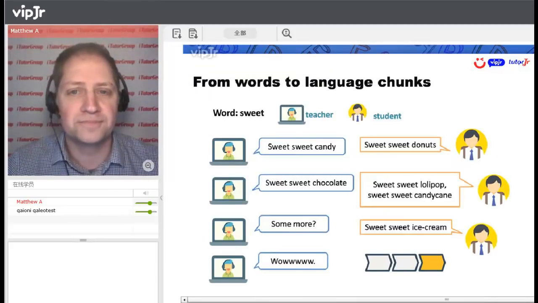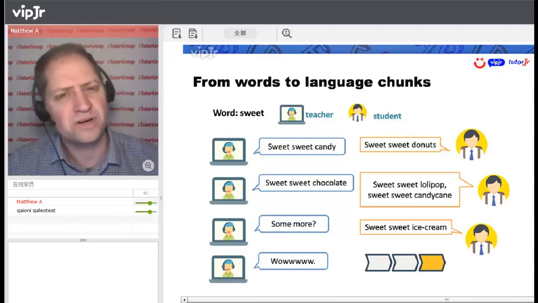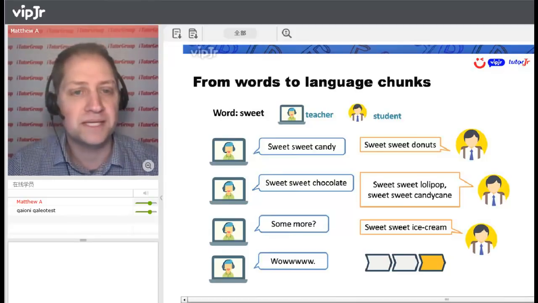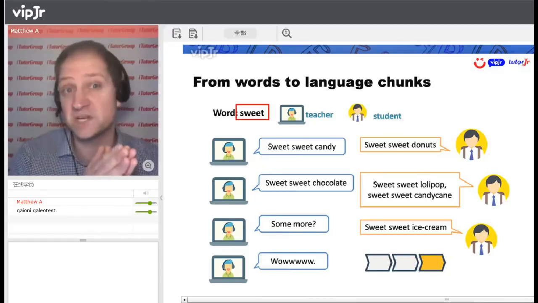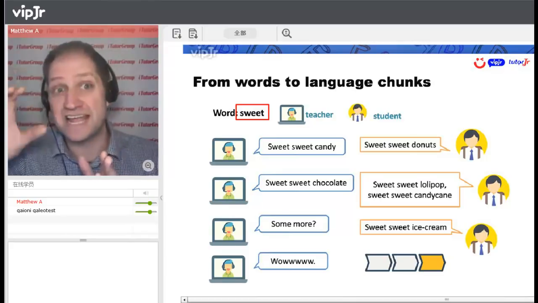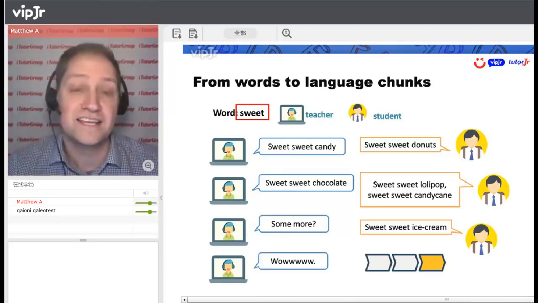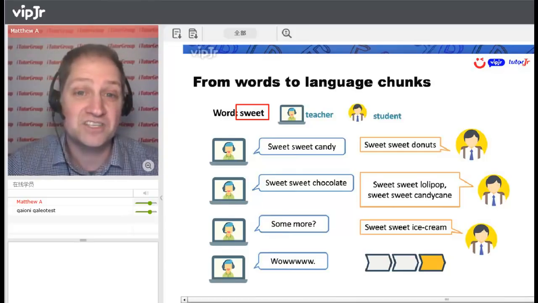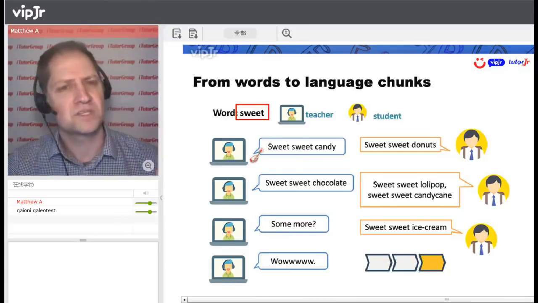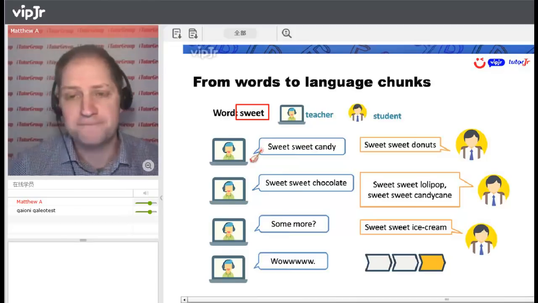So let's have a look at an example. Practically, how could we do that? Well, maybe if we had taught the word sweet, so we're not talking about a noun here, we've moved on to an adjective. We've taught them sweet, and as a teacher we could say, sweet, sweet candy.